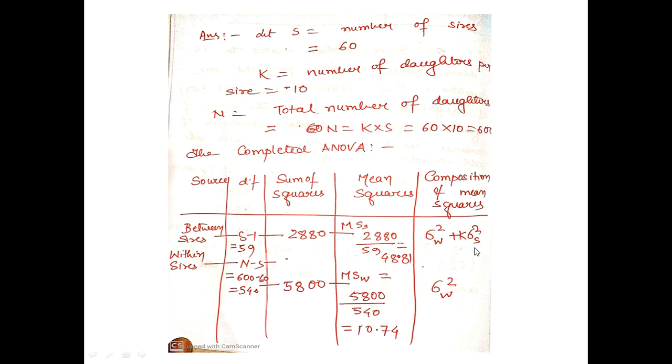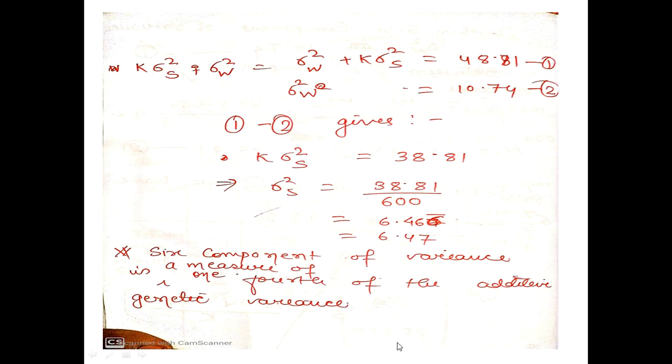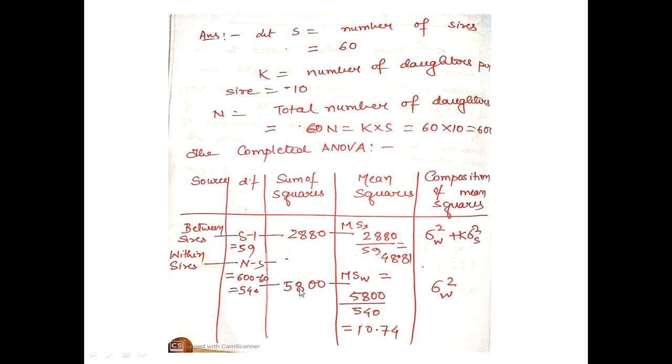Sigma square W plus K sigma square S is equal to 48.81 and sigma square W is equal to 10.74. By equating, you have two equations and two variables. I repeat it once again. This was given over here, and you divided it by the degree of freedom to obtain the mean sum of squares.